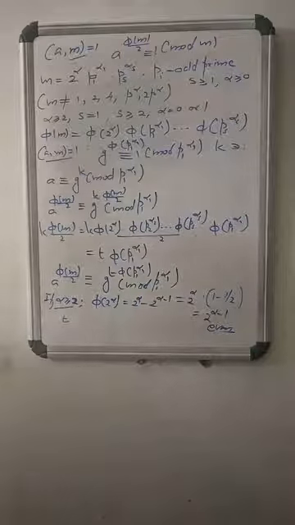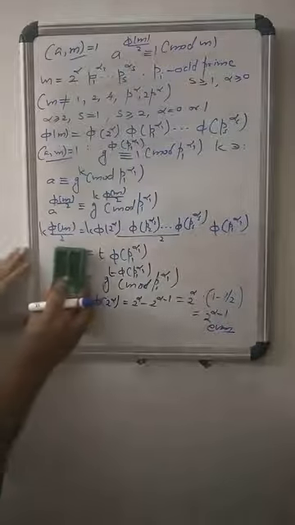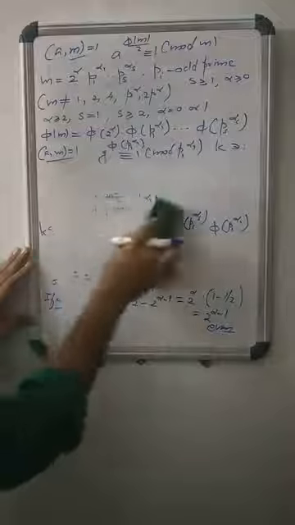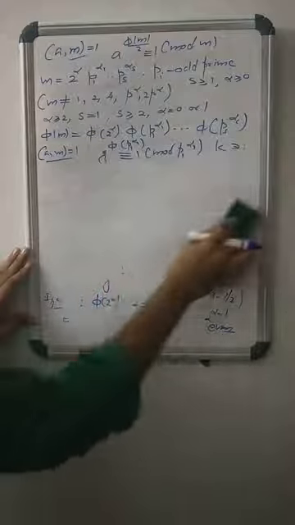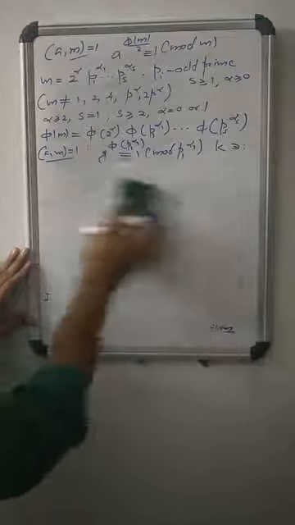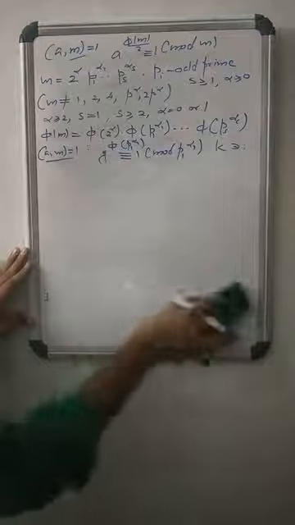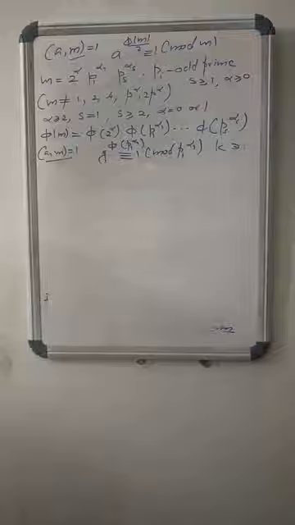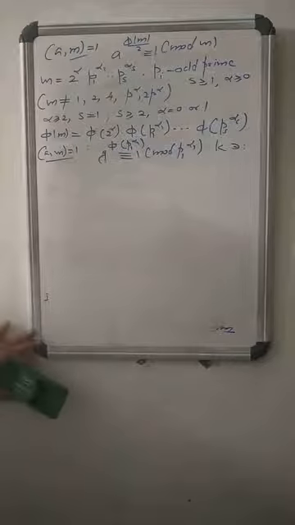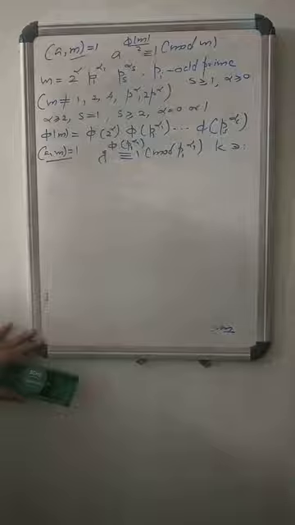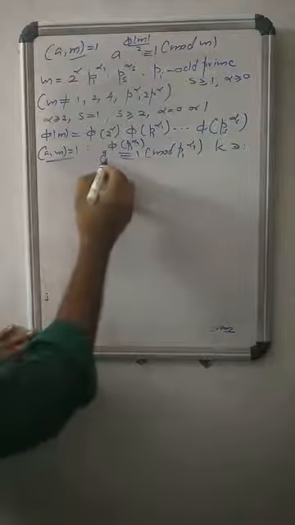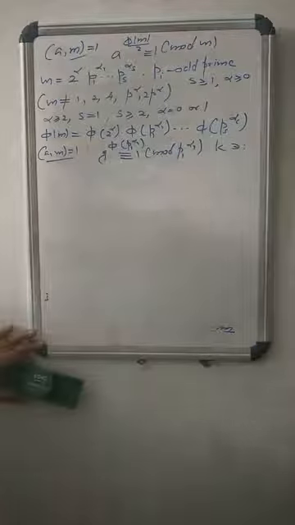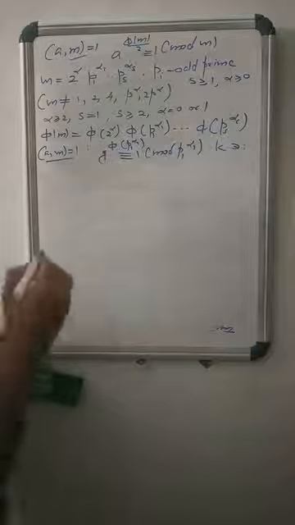Agree? So let g be a primitive root mod p1 power alpha 1. That means g power phi of p1 power alpha 1 is congruent to 1 mod p1 power alpha 1. Also, we have a power phi of m by 2.